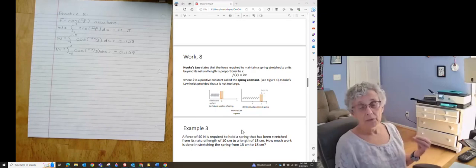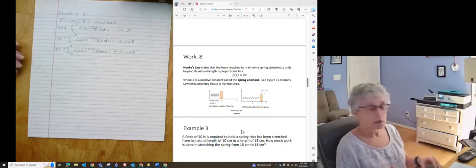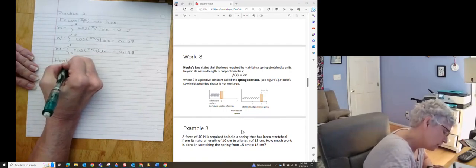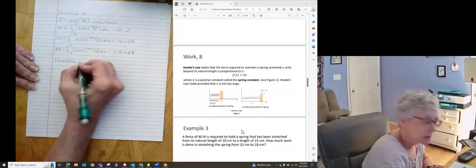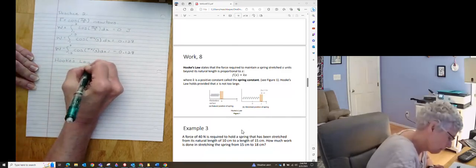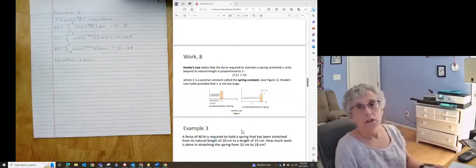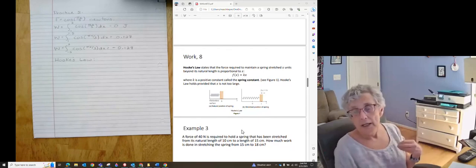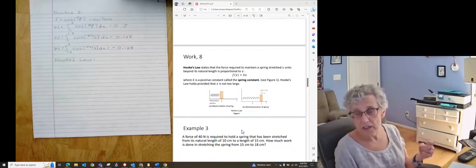Next important thing we need to know is Hooke's law. There's always a Hooke's law question on your test. Hooke's law talks about springs. So it states that the force required to maintain a spring stretched x units is proportional to x.